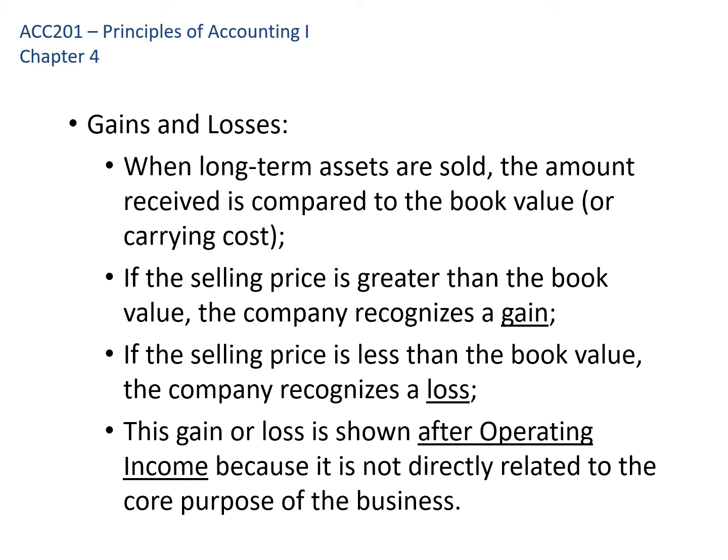It's aside from that, right? So we're going to record that after a new line on our income statement called operating income. So we want to be able to explain to somebody, here's how the core operations of our company did, what we're in business for, and then here are the other items that also happened and what our end result was.